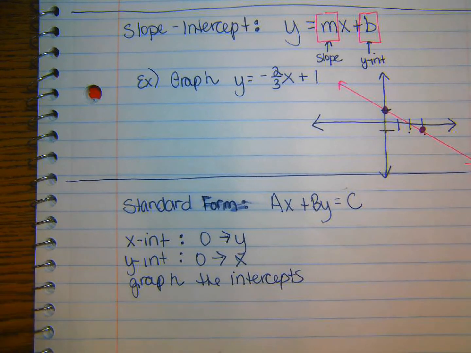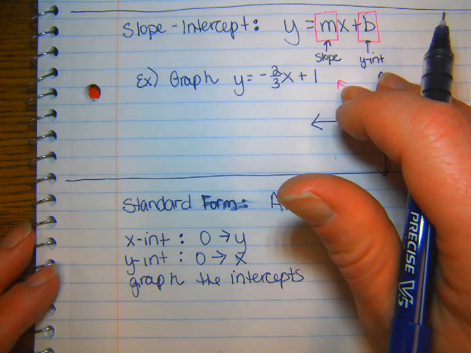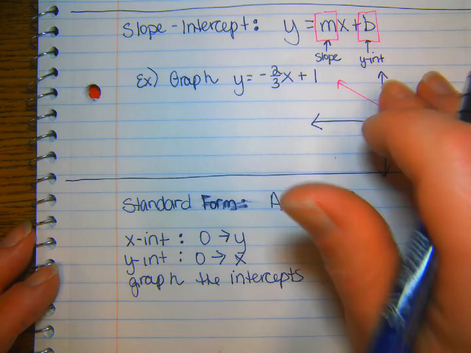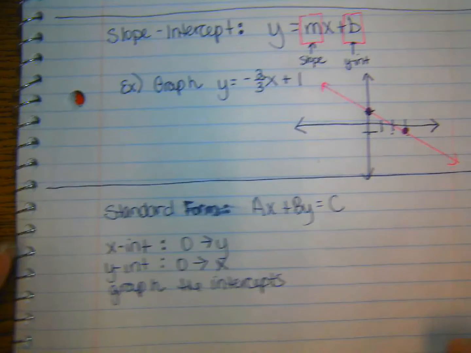Now, Peyton, I'm picking on you only because I looked at your homework and I saw you did it this way. You can rearrange these to be slope-intercept form, and then you graph them just like this. Well, I'm not going to go through that again because I already talked about that here. This is something new, so we should talk about that.